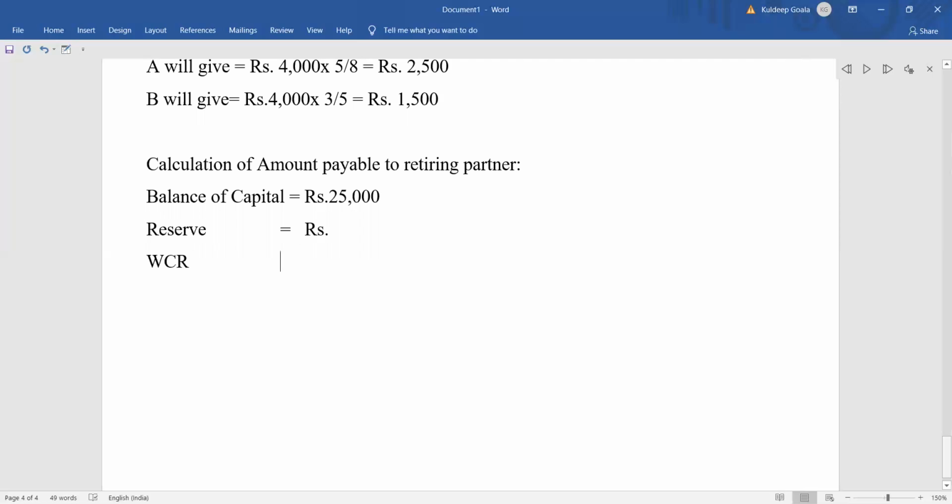That also we can find out. I'm just preparing it so that at the time we can write down the amount. Okay. Then there was the share of goodwill. Not the one written off. Written off will be deducted. That we will do later on. So first of all, whatever things C is going to get, we are going to add it up.